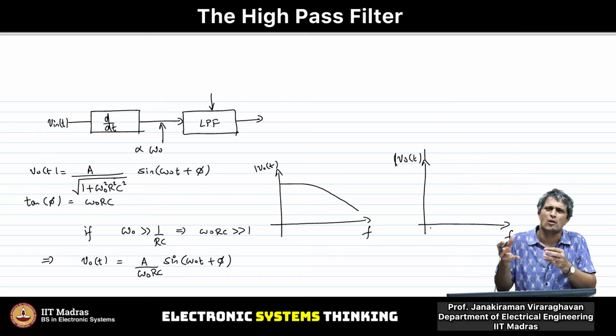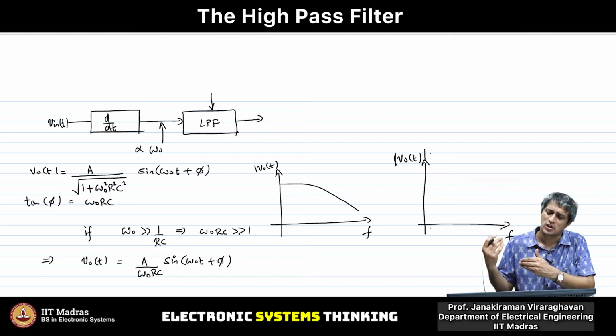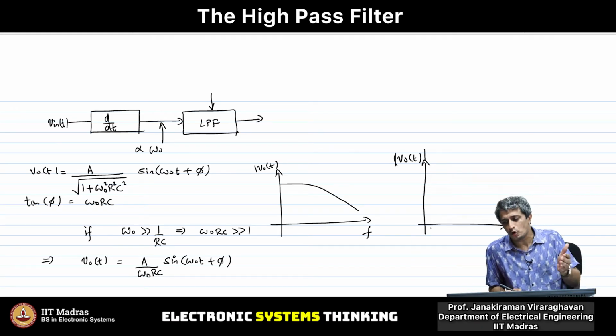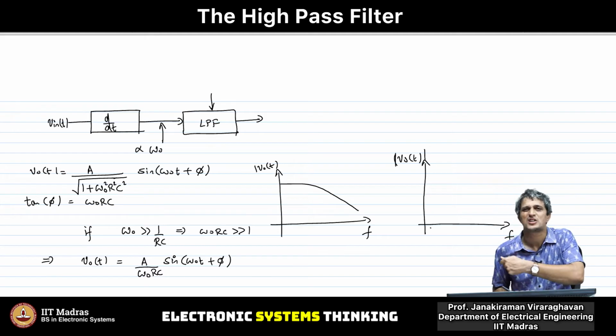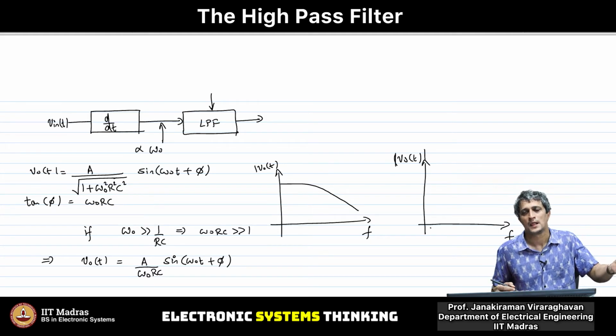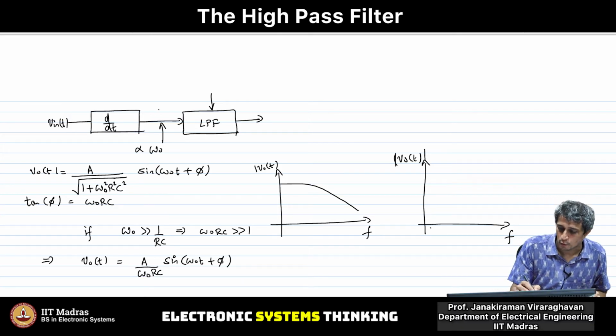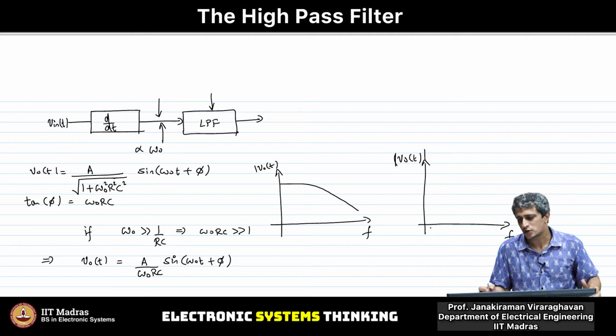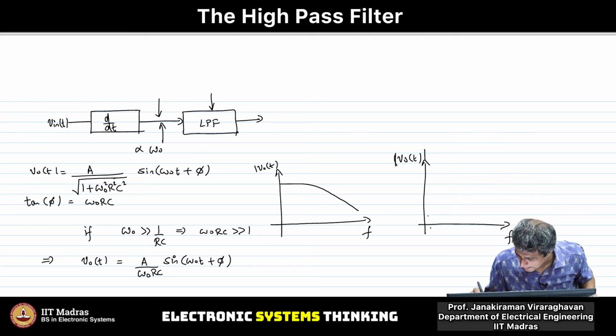So if omega naught is very small, you are just killing the input itself, and therefore you are feeding almost nothing to that system. That means nothing will come out of that system either. So you are going to kill the input at this point, and then the low pass filter will just pass it as it is. So therefore it will come out with nothing, right.